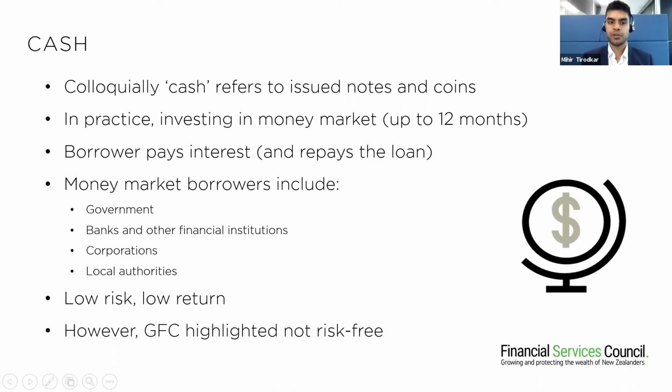So cash can be thought of as very low risk and also very low return debt. Typical borrowers within the money market include the government, banks, corporations, and some local authorities like councils. Like I said before, very low risk, but also very low return relative to the other asset classes.